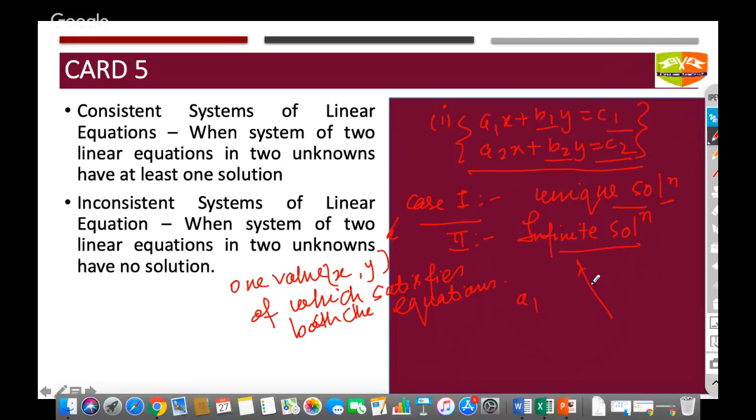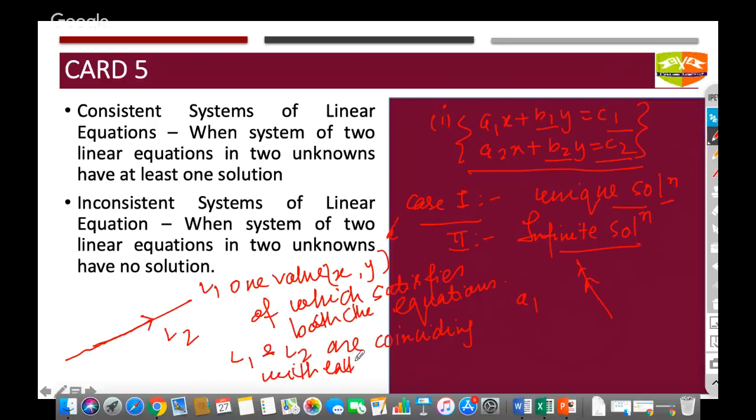What happens is that the two lines are coinciding with each other. So if two lines are drawn, this is line L1 and this is line L2, what will happen is that line L1 and L2 are coinciding with each other. If they are coinciding, then on infinite points, infinite values of x and y will be satisfying these two equations. That is why I'm saying that we'll have infinite solutions.